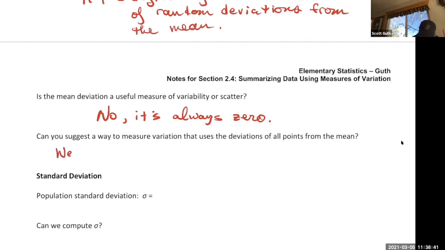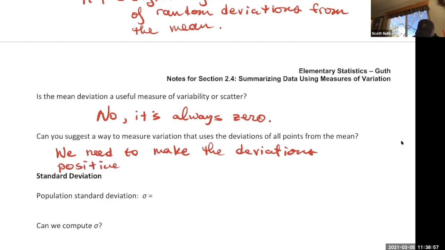So we need to make the deviations positive, through absolute value or squaring.